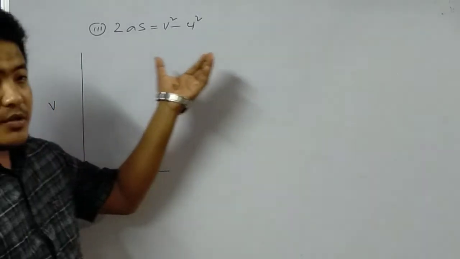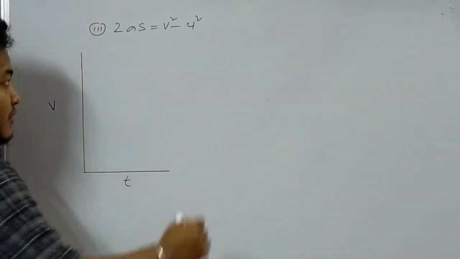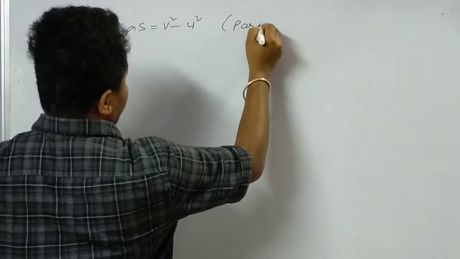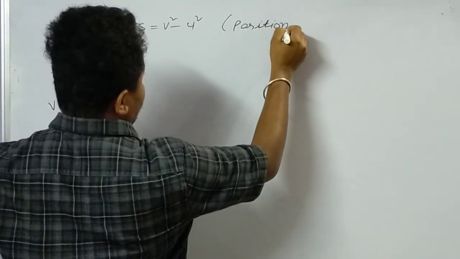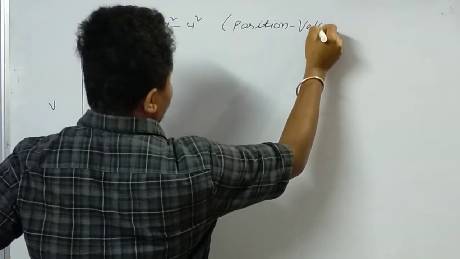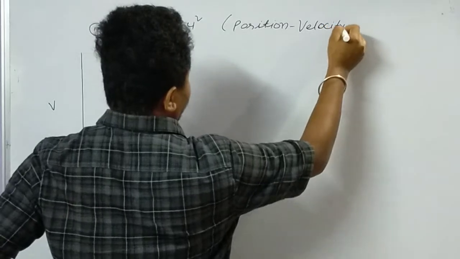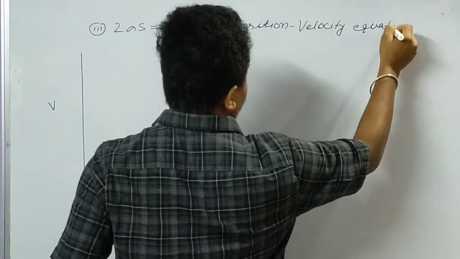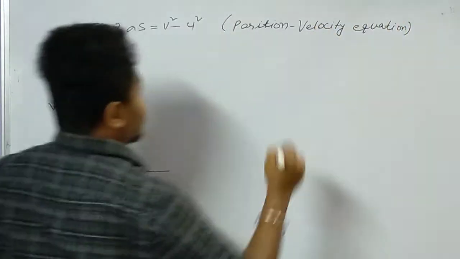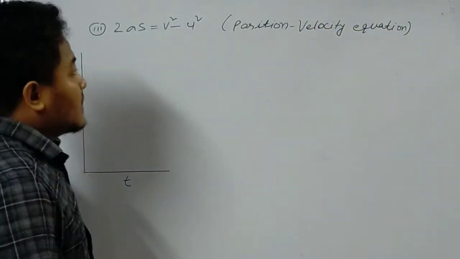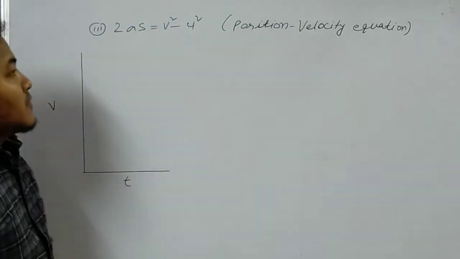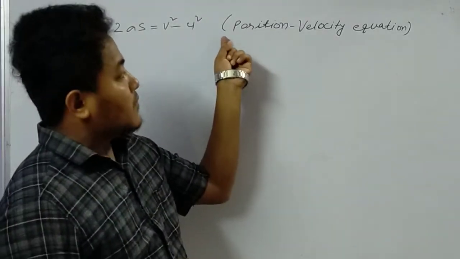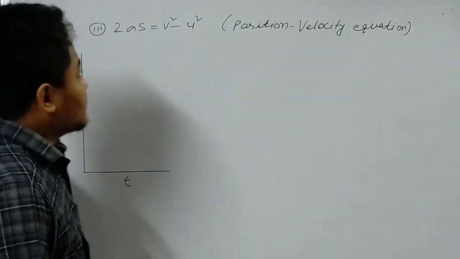Remember, this equation is also known as the position velocity equation. The previous one was the position time equation, and this is the position velocity equation.